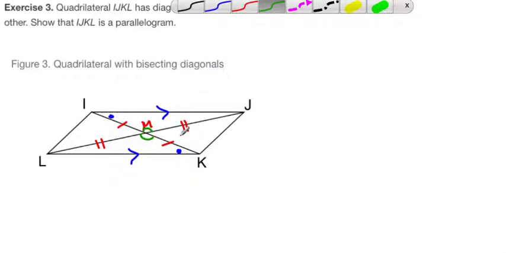In the same manner, we can say that these two triangles must also be congruent to each other, this time using this angle being equal to this angle. Since these two triangles are congruent to each other, next thing which we can say is that angle IJM must also be congruent to KJM.